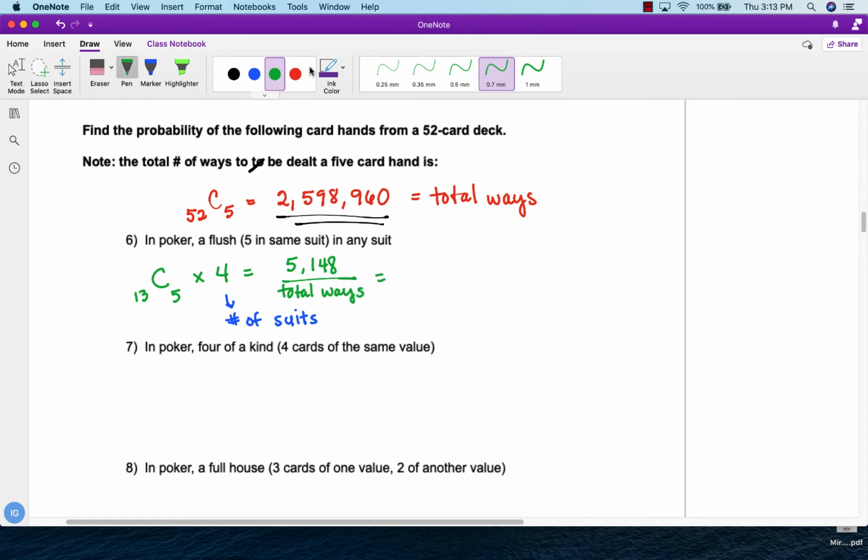And that's going to be equal to, in this case, I am going to divide this number by the total, so I can get a decimal, okay? So in this case, it's going to be 0.00198, and these are my chances, or my probability of getting a flush in a poker game.